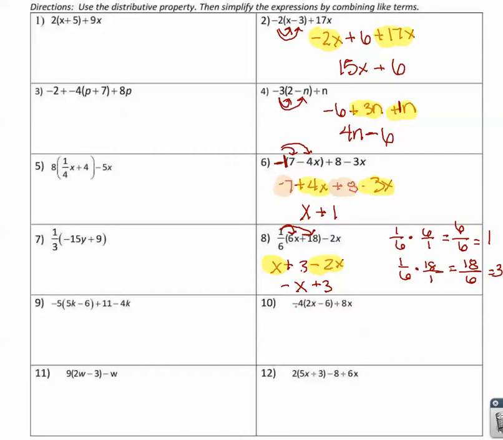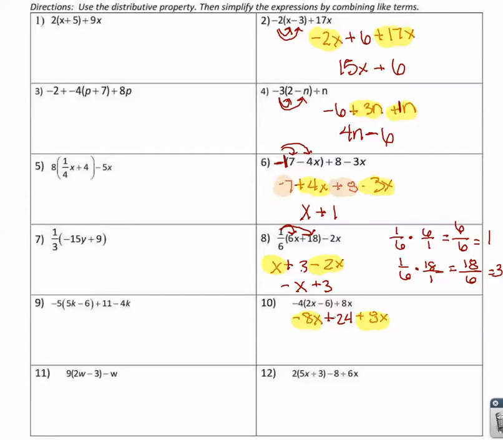Number 10, negative 4 plus 2x is negative 8x. Negative 4 times negative 6 is going to be positive 24. Bring down any remaining terms. Now you can combine.